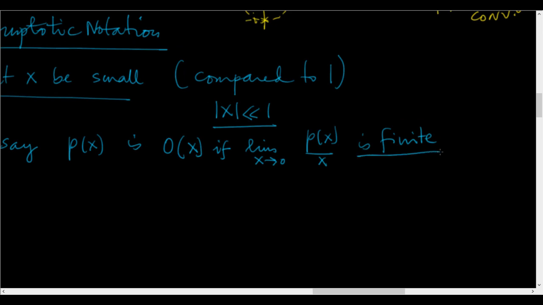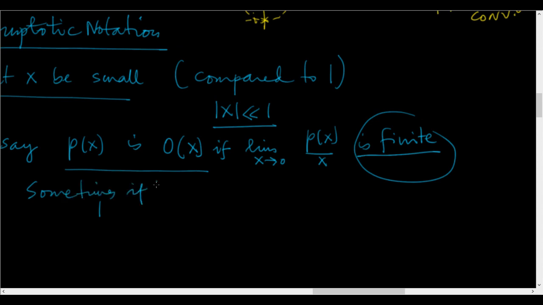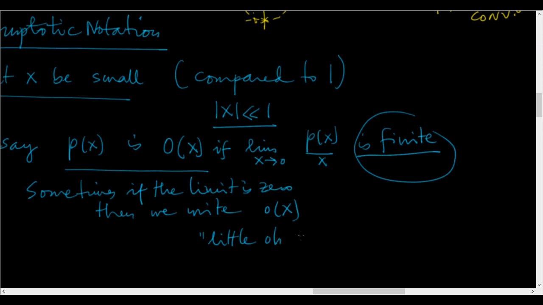Okay, so the limit may be 0, we still say it is order x. Limit may be finite and non-zero, we still say it is order x. Sometimes if the limit is 0, then we write it like this. We say little o of x.